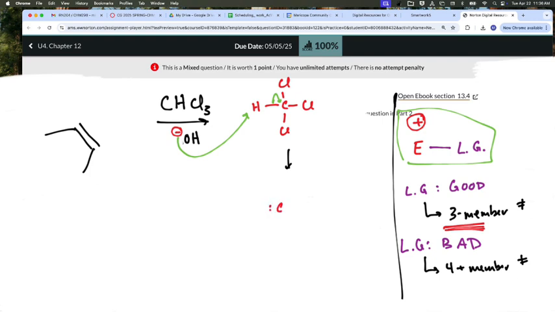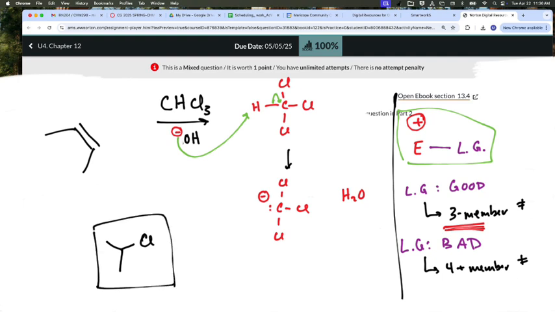What happens? Cool, I get a negative. And you say, okay, still don't see an electrophile. You see an electrophile in the black box. The carbon is an electrophile. Why is that carbon an electrophile? Because the chlorines are a great leaving group, right? So what could happen?